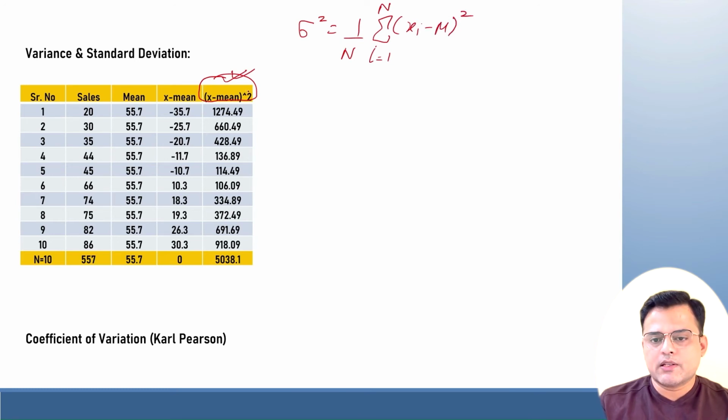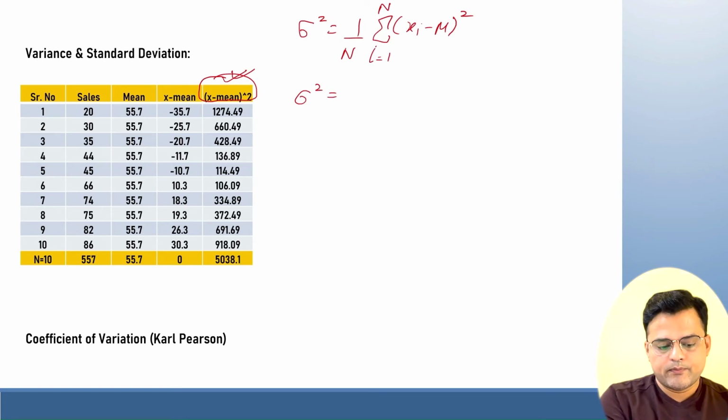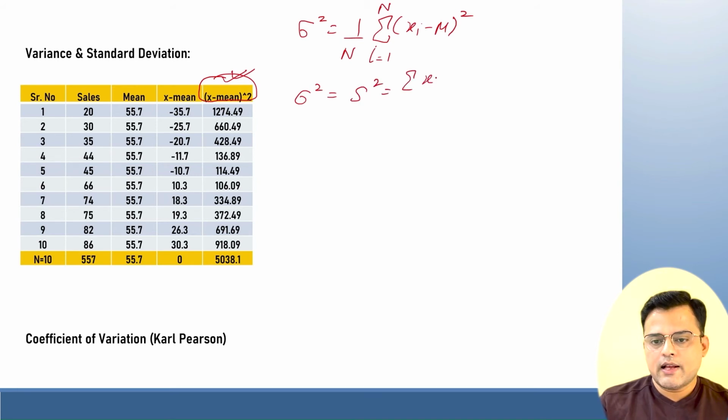This is for the population. For a sample, there is a change. We divide it by n minus 1. So for a sample, s square is equal to the sum of (x minus x bar) whole square divided by n minus 1.